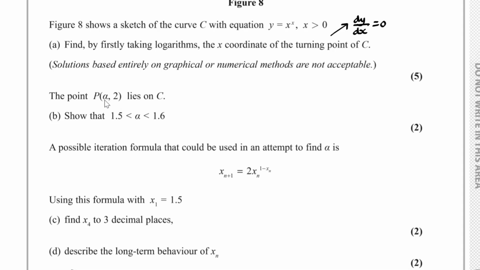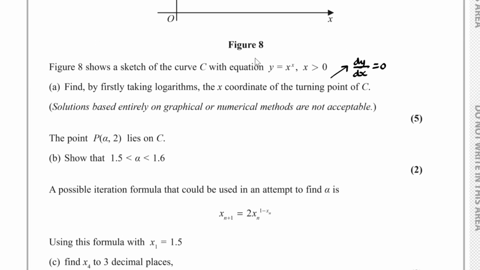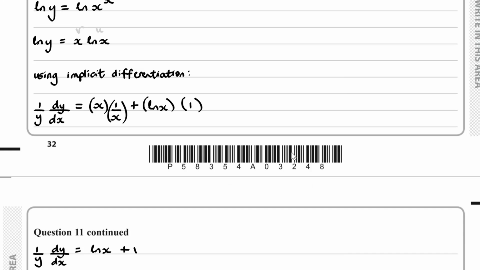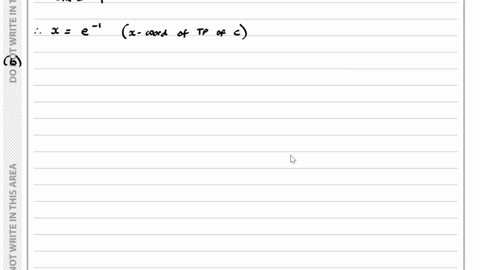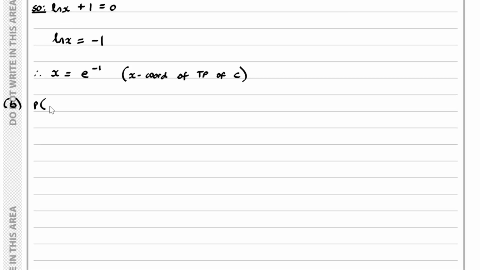Now, if we substitute this coordinate into our equation for C, at the point alpha, 2, we see that we have alpha to the power of alpha equals 2. In other words, alpha to the power of alpha minus 2 equals 0, and therefore f of alpha is equal to alpha to the power of alpha minus 2.